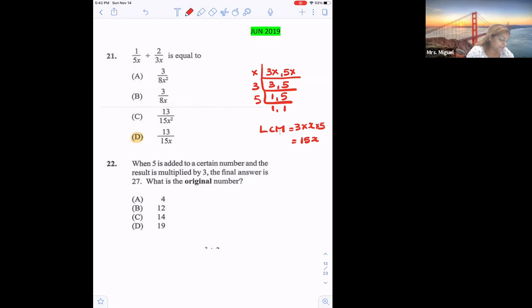When 5 is added to a certain number and the result is multiplied by 3, the answer is 27. If we divide both sides by 3, 5 plus x is equal to 9. Well, x has to be 4. 5 plus 4 is 9, and 9 3s are 27.